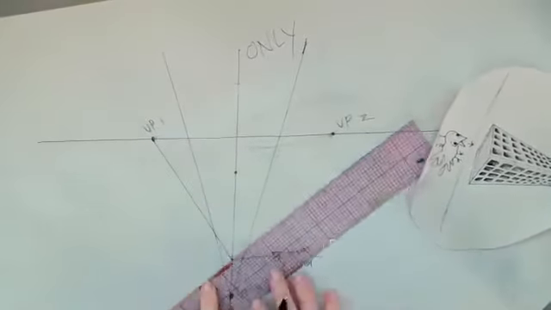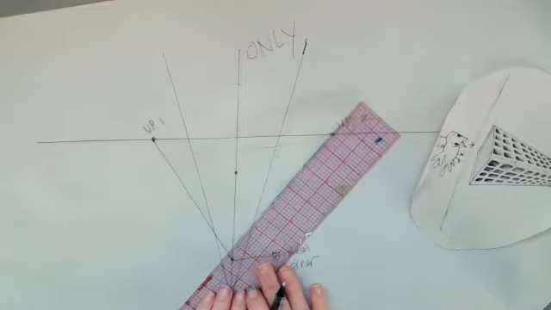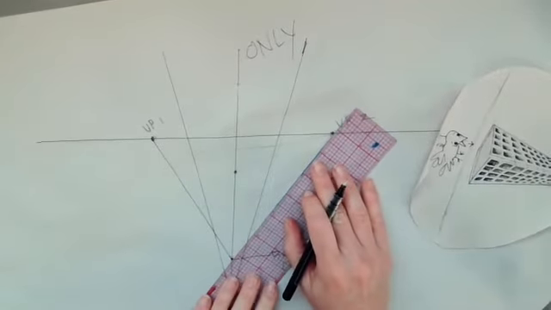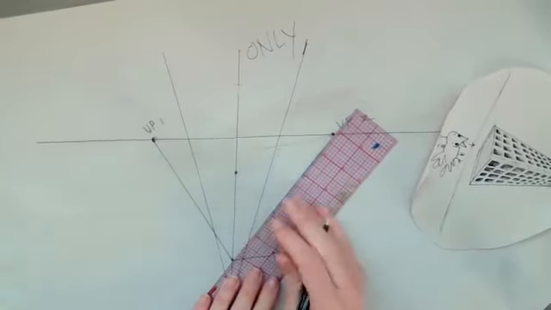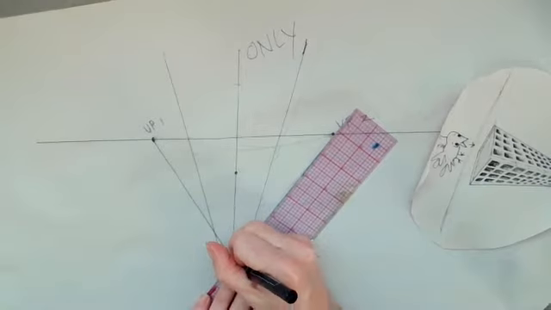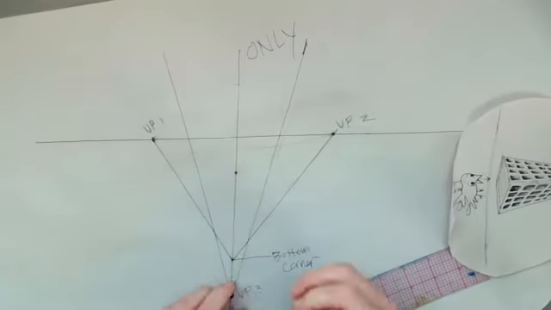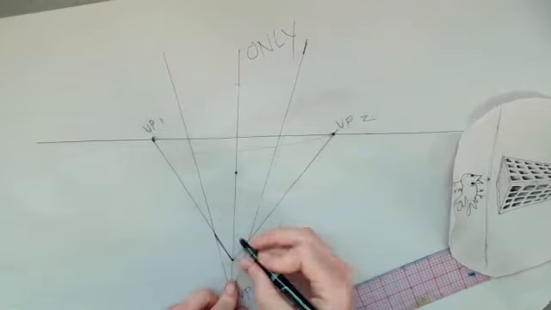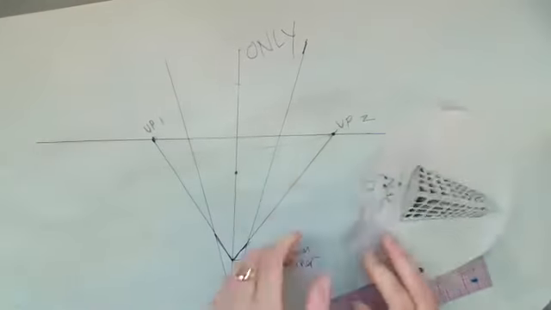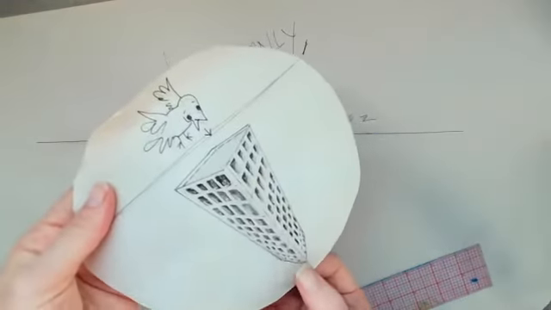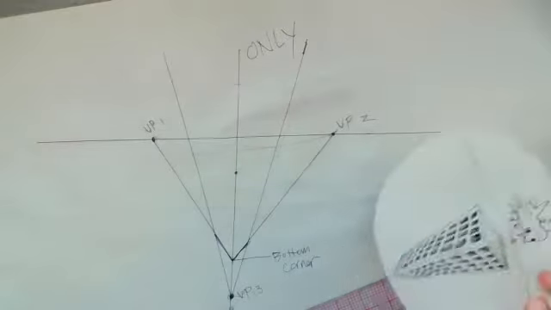And my bottom corner connecting to vanishing point 2. All right. Now I've created the bottom portion of my building, the base.